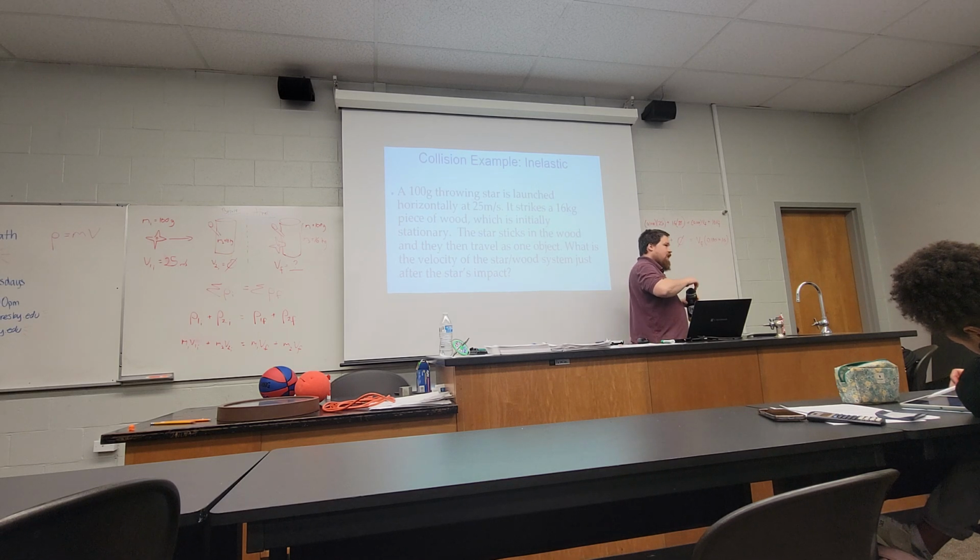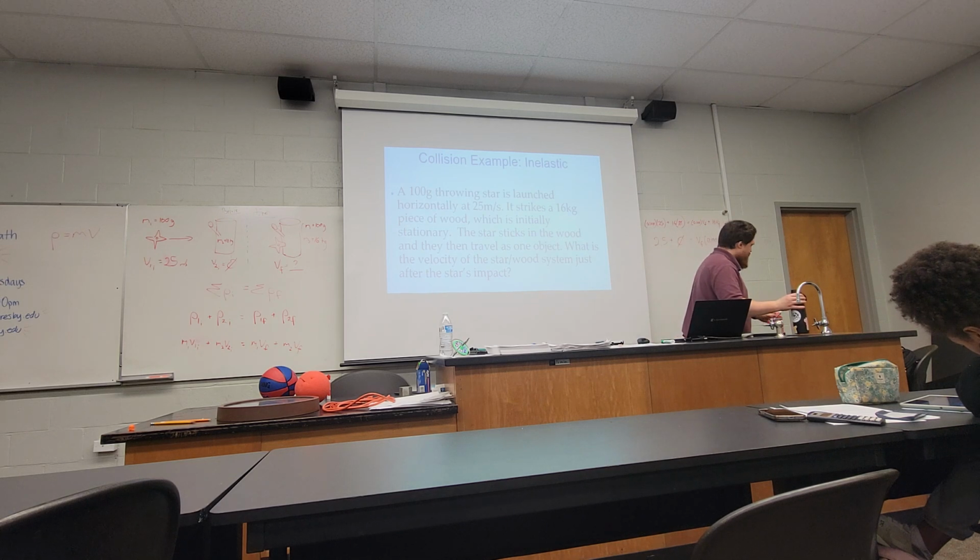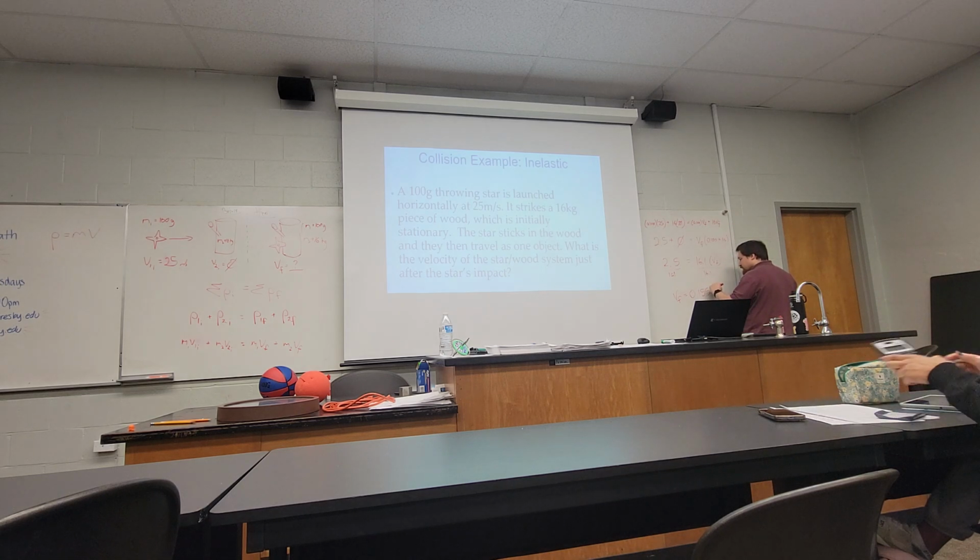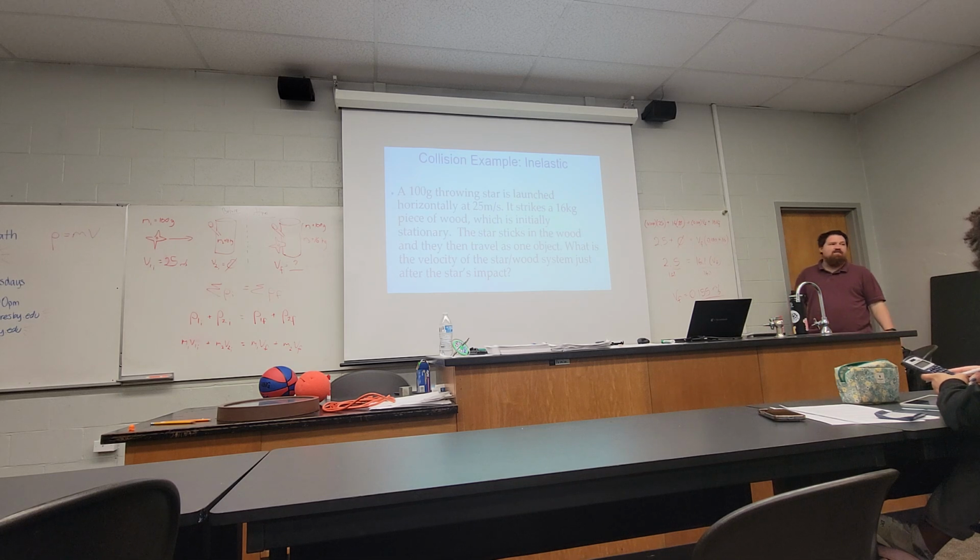So then you just divide 2.5 by 16.1. Correct. Left side simplifies to just 2.5. Right side's going to simplify to 16.1 times VF. Divide both sides by 16.1. And if my memory serves, that should make the final velocity approximately, with a tiny bit of rounding, 0.155 meters per second.